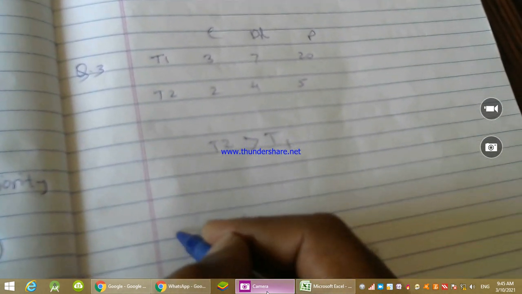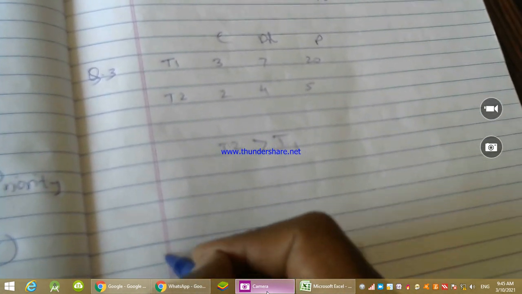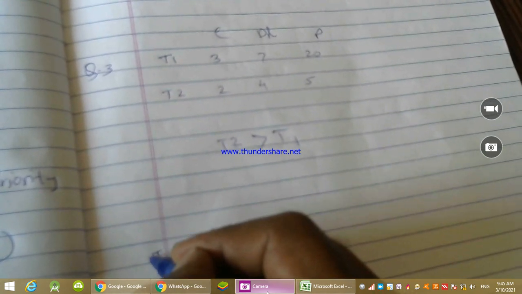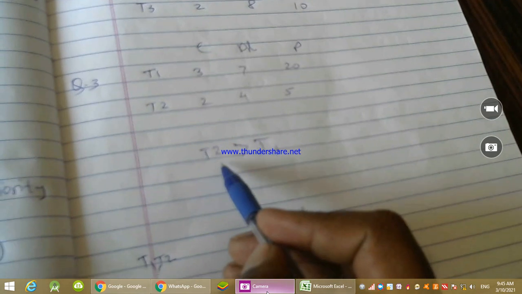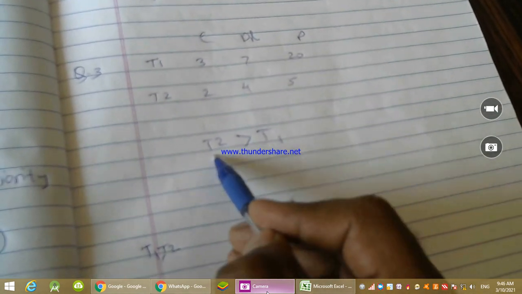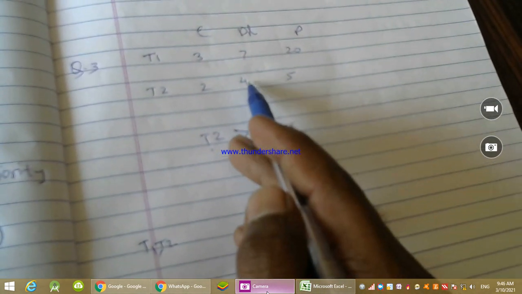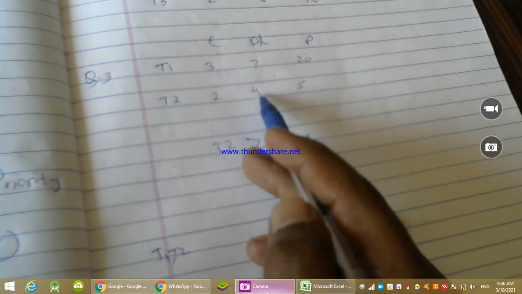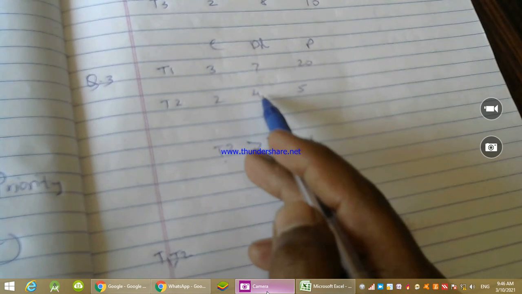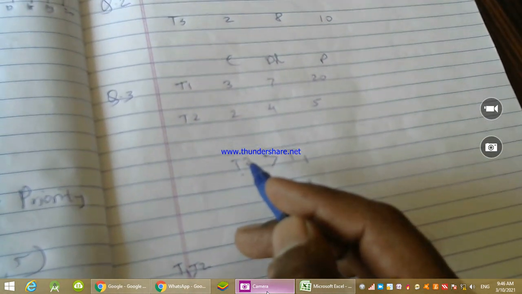So we got the answer for the first operation. Initially we have both tasks T1 and T2, but which one do we choose? Initially we will choose T2, because T2 has the closest deadline.